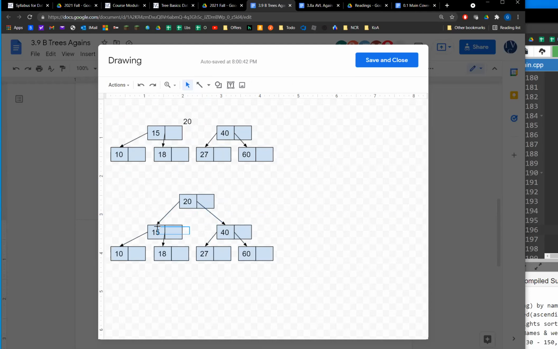All right, so here we had 15. 15 was our old root. 10 and 18 subtrees or subnodes stayed where they were. So if we look at this subtree, that's still a 2-3 tree. 15 has a subtree with values less than 15 in the first branch, greater than 15 in its second branch. And then we have 20 in the new root, and then the subtree that contains the values less than 20.